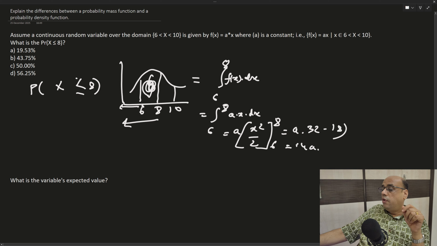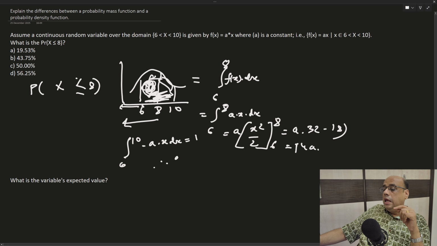Now this is 14a. So what is a? We all know that the entire area between 6 and 10 is 1. So integral 6 to 10 a into x dx is equal to 1.